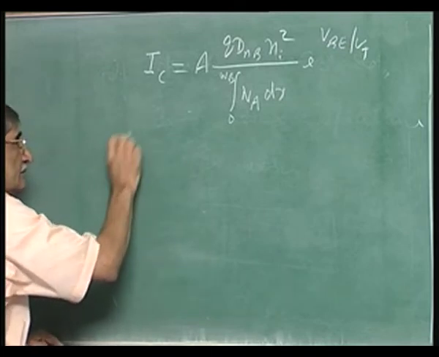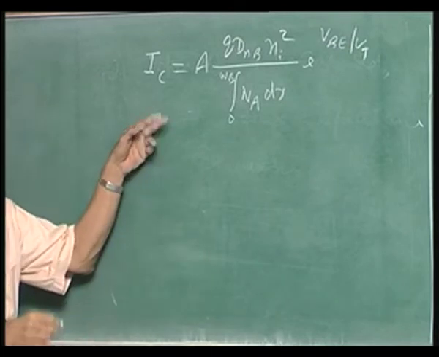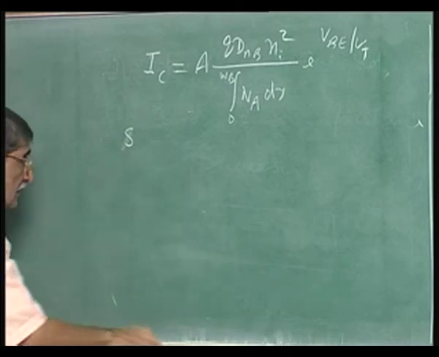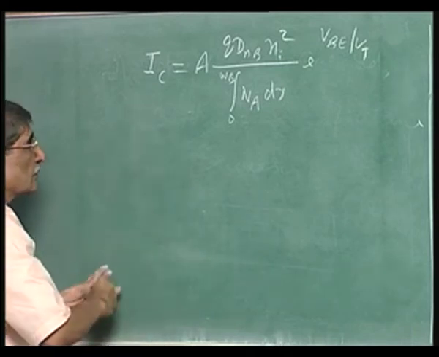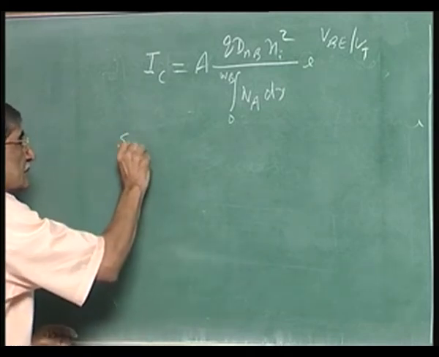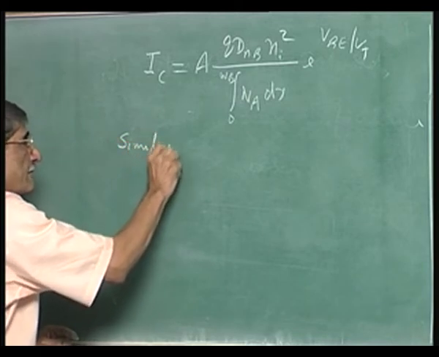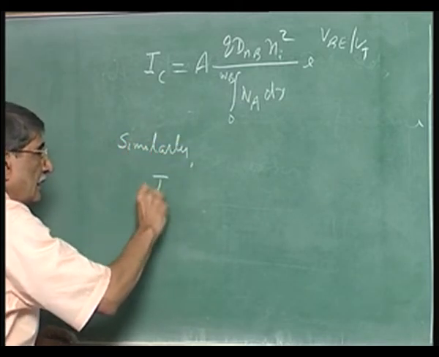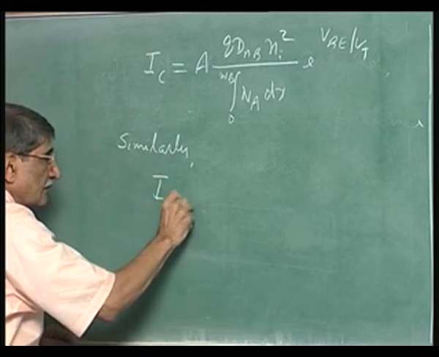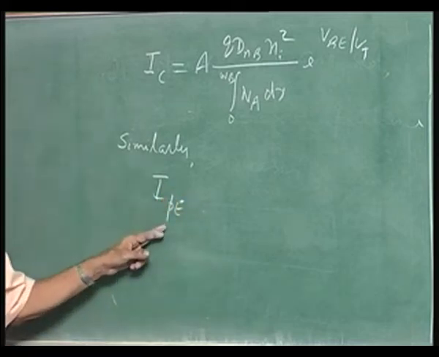Similarly, this is INC, the whole current injected from the emitter to the collector. Okay. So, similarly, IPE, the whole current injected to the emitter.